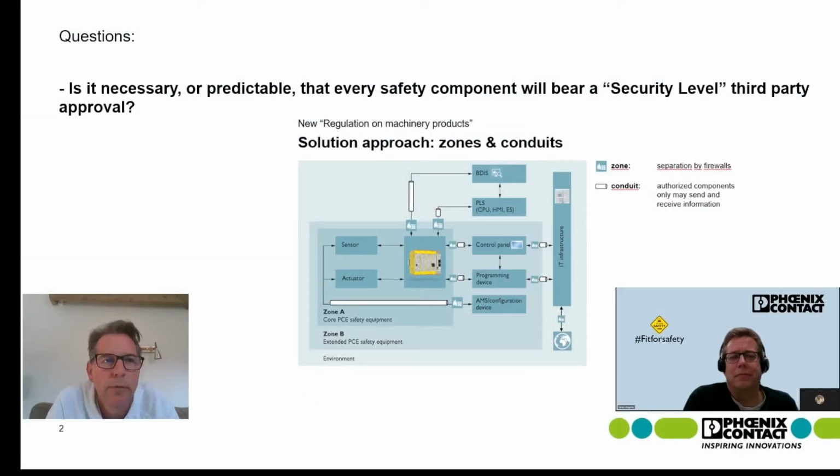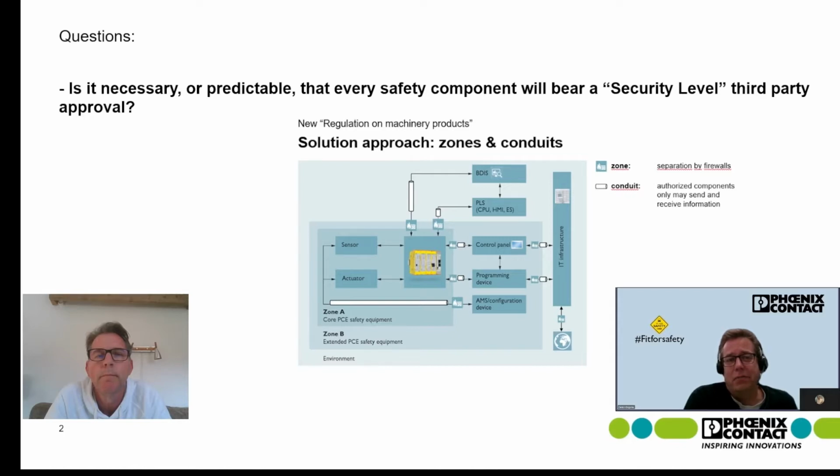Okay, Carsten. So one of the questions we got is: is it necessary or predictable that every safe component will bear a security level or a third-party approval? Yeah, I think that's a really good question. So for sure, nobody can predict it, but I think there will be a minimum basic requirement for each safety component to fulfill the requirements also with respect to security aspects.